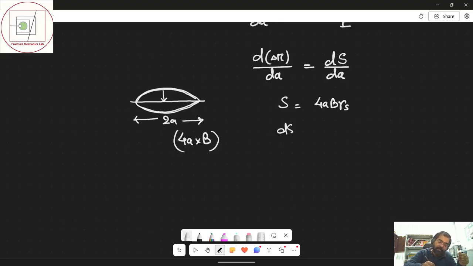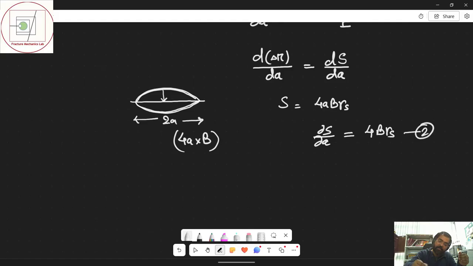So the rate of change of surface energy, let me write it again. Del S by del A will be equal to 4b gamma s.